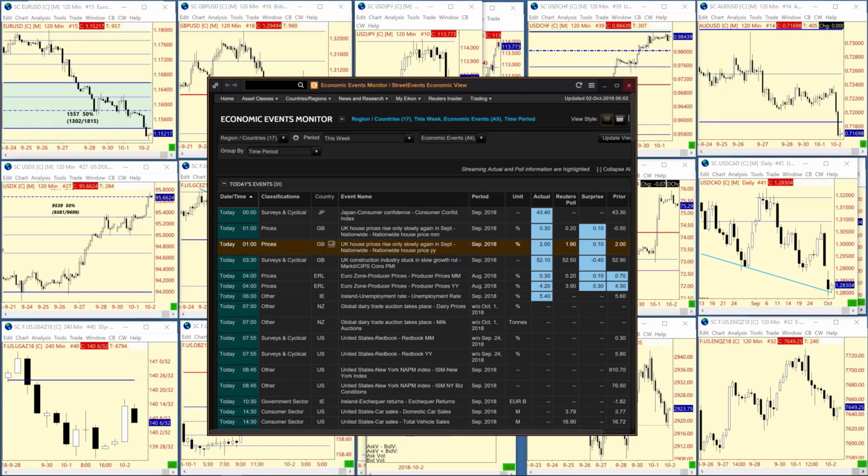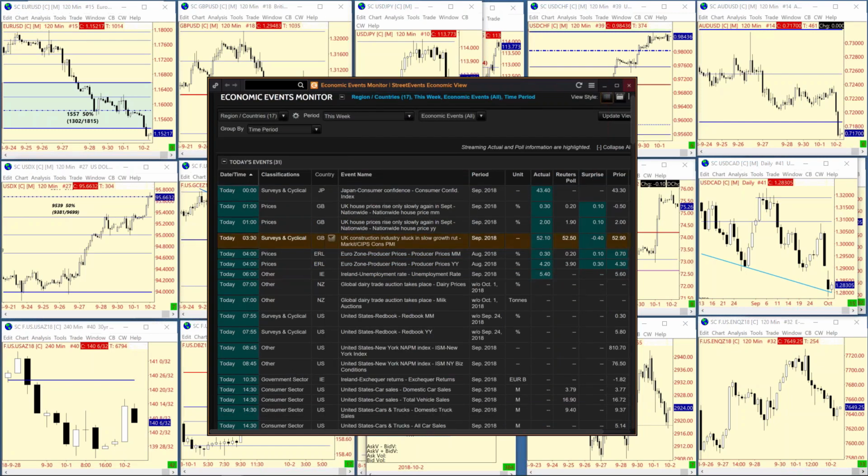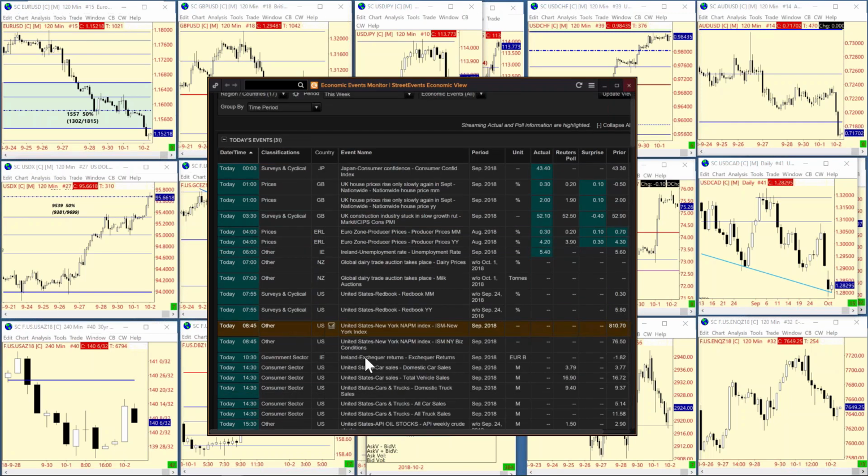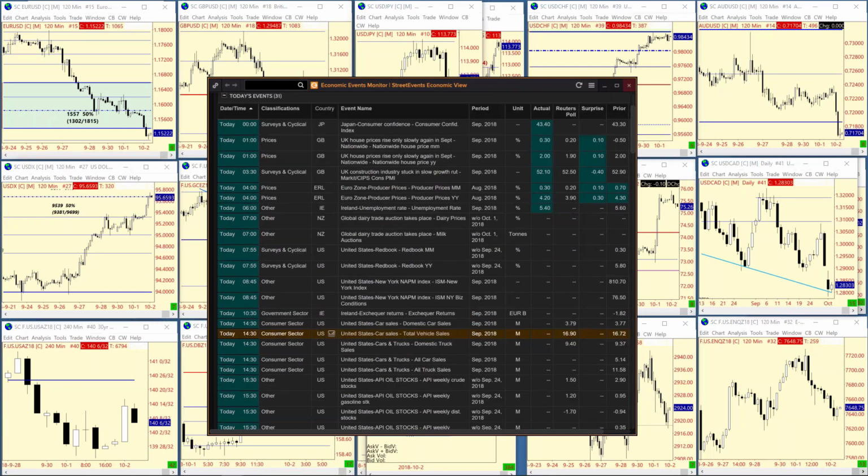And then we have Eurozone Producer Price Index, which actually was not bad. But like I said, the whole Italian situation continues to weigh on the market. Coming into the States, we do have NAPM at 9:45 Eastern, that's the New York Association of Purchasing Managers Index, and that's going to be it. So it's a very, very light calendar as we come into the States, basically third tier data.